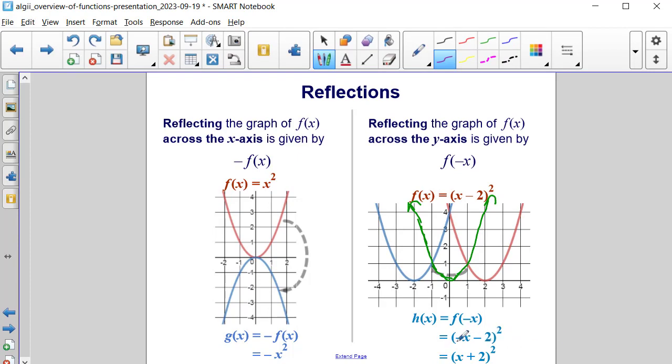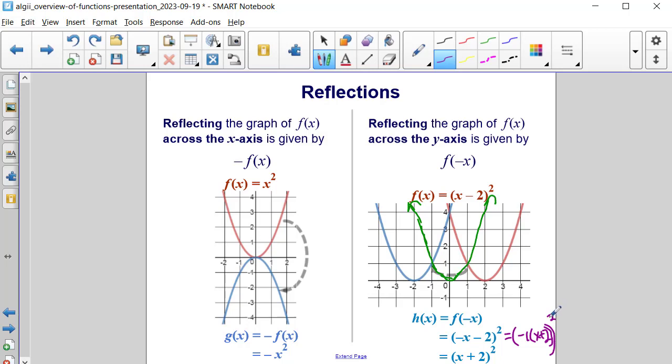Another way to show that negative x minus 2 squared is equivalent to x plus 2 quantity squared would be to factor out a negative 1 between both of these two terms. It is still inside the first set of parentheses, and when we do that, we get negative 1 outside times x plus 2, and then the entire thing squared.